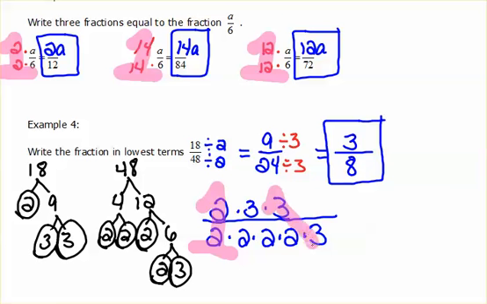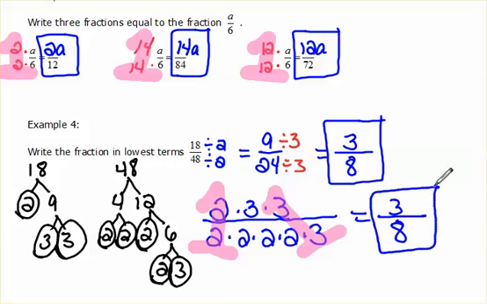And 3 over 3 is really a big 1. So what we're left with here on top is just 3, and on bottom we're left with 2 times 2, which is 4, times 2, which is 8. So you can look at it either way, but this is what's really going on, and now we can take the shortcut and we can divide and make it a little bit easier.